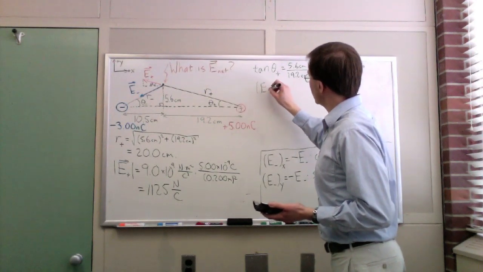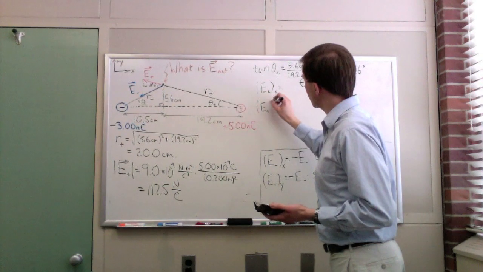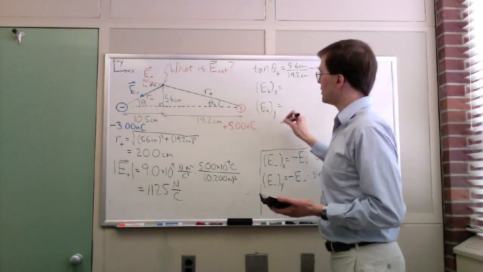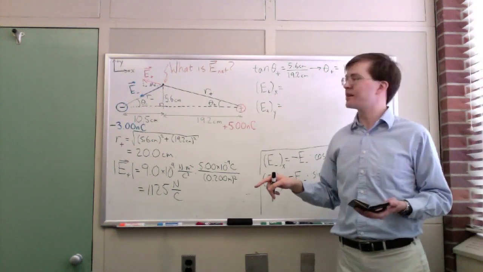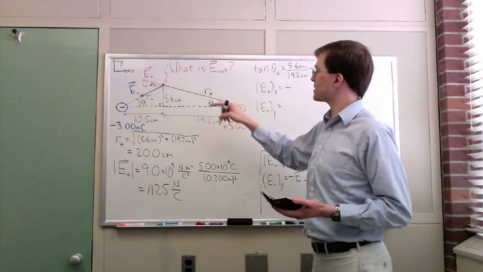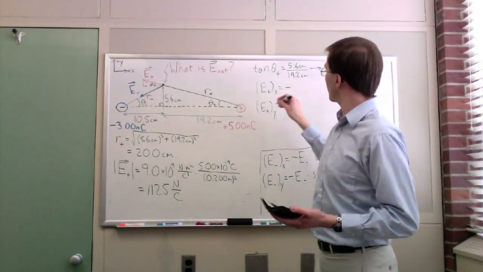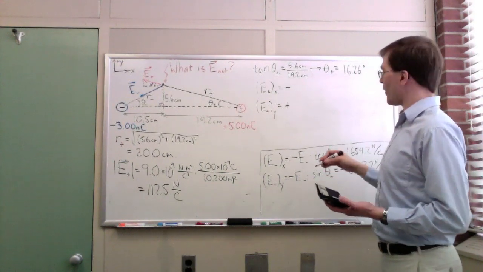I've got E plus X component and E plus Y component. I'm going to look at the two pieces first to get plus and minus signs right. It looks like it's going to the left, so it's a negative X in my coordinates. It's going upward, so it's a positive Y. Now I do my same thing.